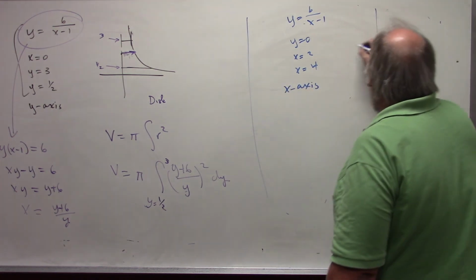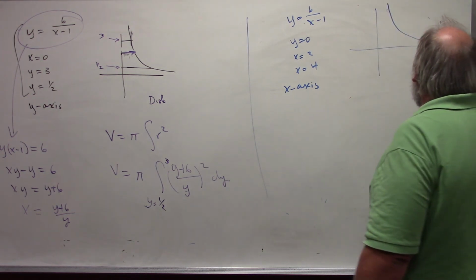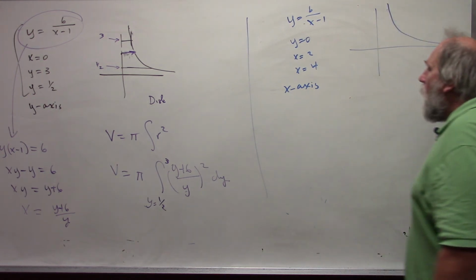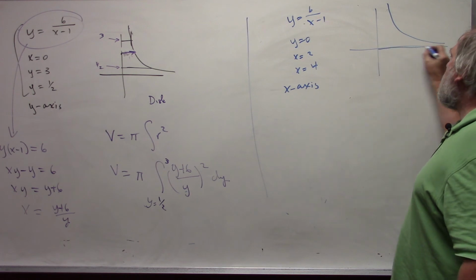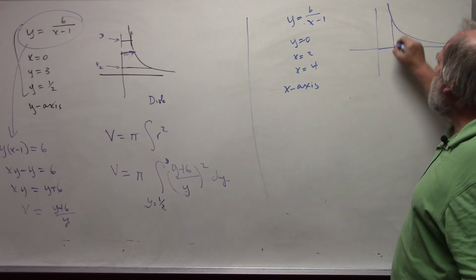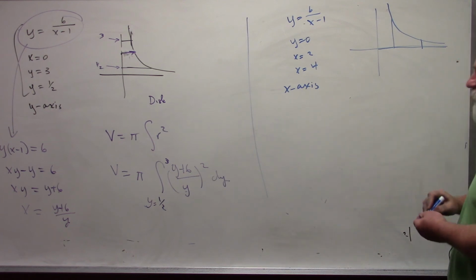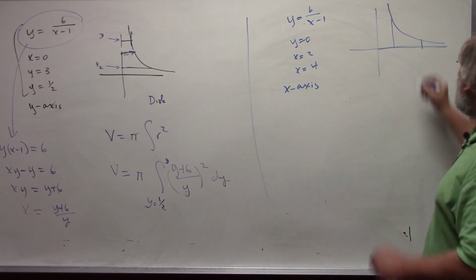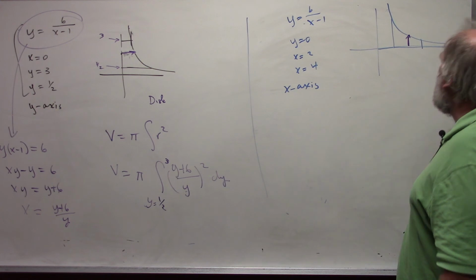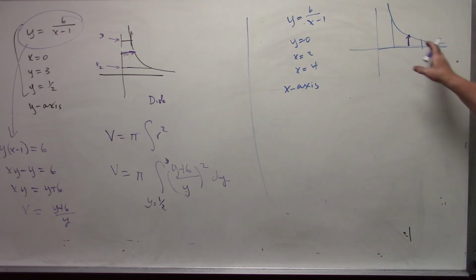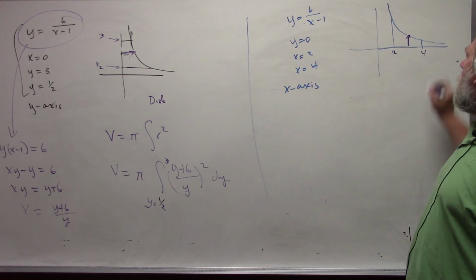So the basic curve is the same, looks something like this. Y equals 0 is the x-axis. I'm going from x equals 2 to x equals 4, this region. And notice if I take my rectangle, it's now going vertically, and it hits the x-axis all the way across. This was 2 to 4.